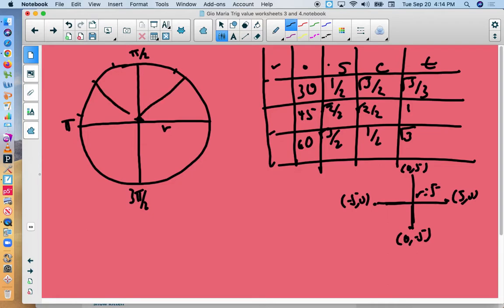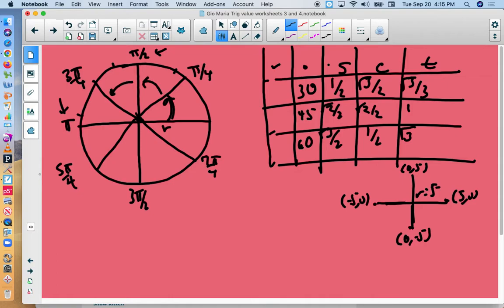Now if I cut it into fourths, if this is 180 and this is 90, we learned that these are pi over 4s. What's interesting, this is 1 pi over 4, 2 pi over 4 reduces, 3 pi over 4, 4 pi over 4 reduces, 5 pi over 4, 6 pi over 4 reduces, 7 pi over 4, 8 pi over 4.